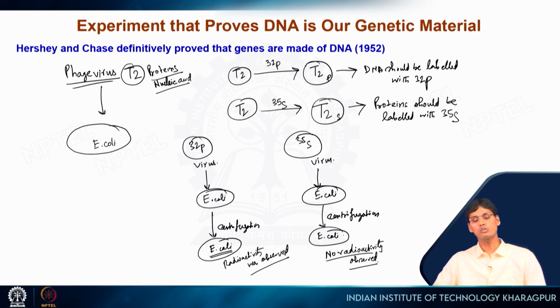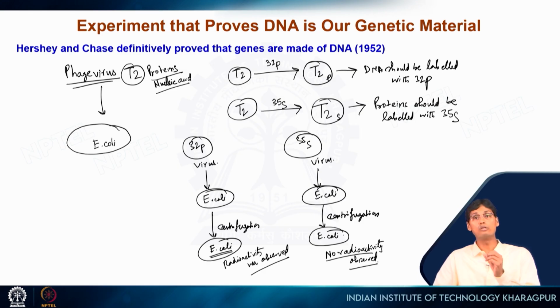So it proved that when T2 infects bacteria, it can multiply and make a huge amount of phage from the E. coli cell. There should be some gene playing this role, and from this experiment it has been proved that when phosphorus is labeled, the label is found inside the bacteria.